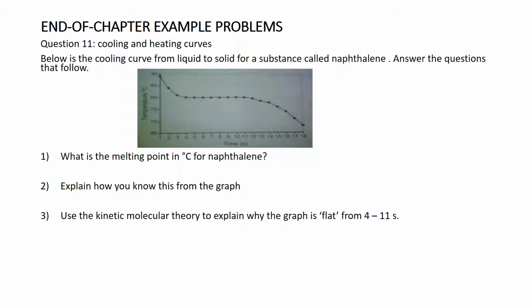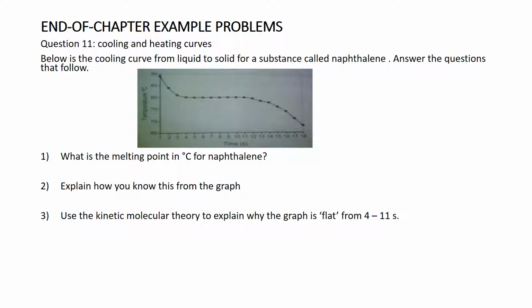On the y-axis we have temperature in degrees Celsius. On the x-axis we have time in seconds. Our temperature goes 65, 70, 75, 80, 85, 90, and our time starts at 1 second, 2, 3, 4, up to 18.